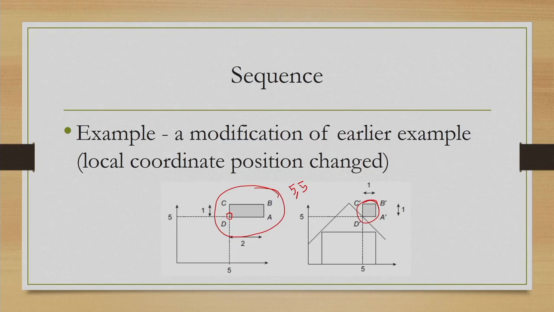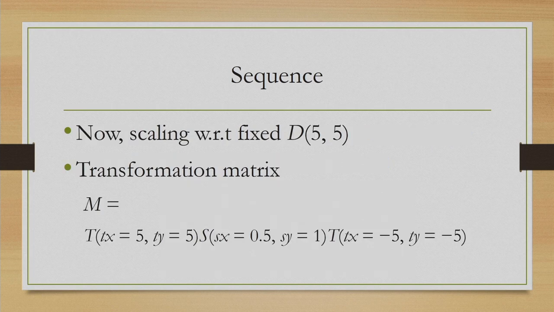So, in this case translation is not required because it was already at that point and only scaling took place. So, if we apply the previous approach that we outlined, here we are performing scaling with respect to this fixed point D, and the composite transformation matrix can be formed by multiplying these three matrices.